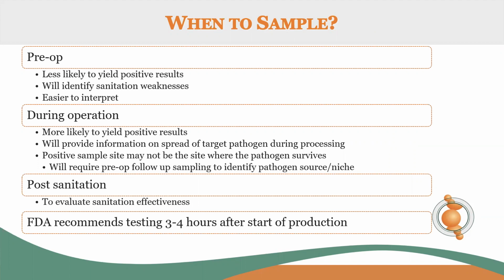You're less likely to yield a positive result. And then also this is the time where we will be able to identify sanitation weaknesses. During operation, you're more likely to yield positive results here. Data from operation will provide information on the spread of the target pathogen during processing.